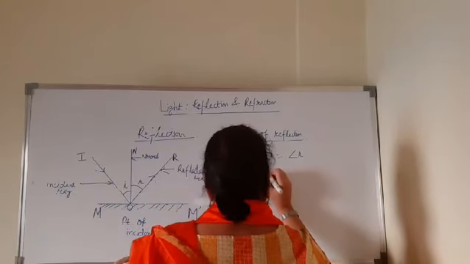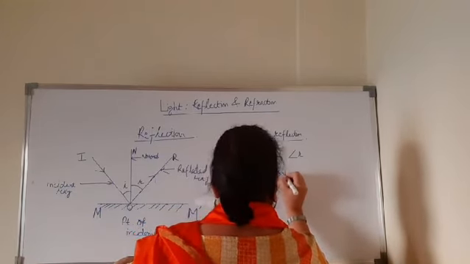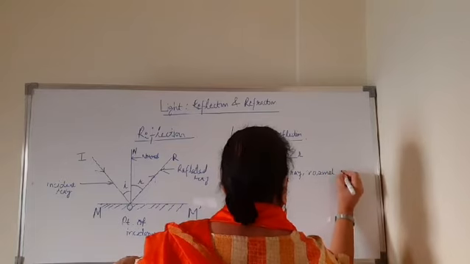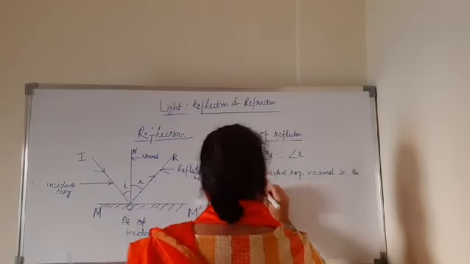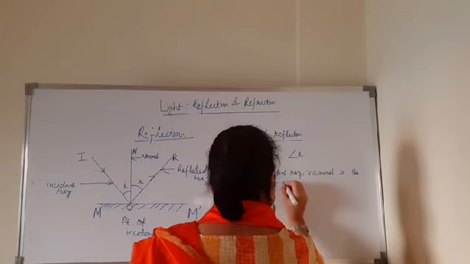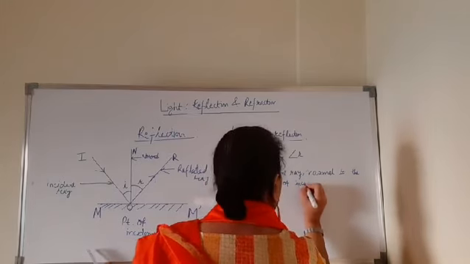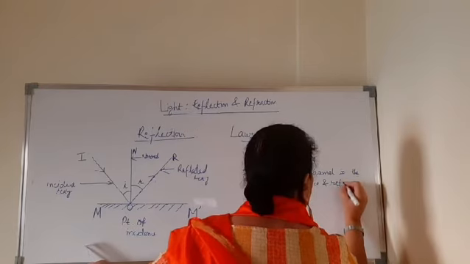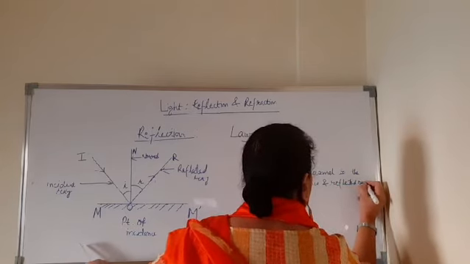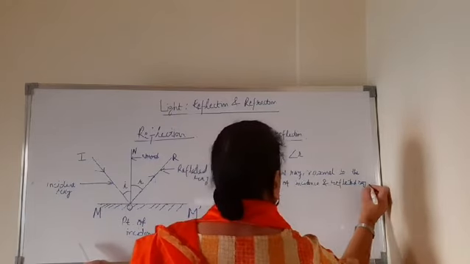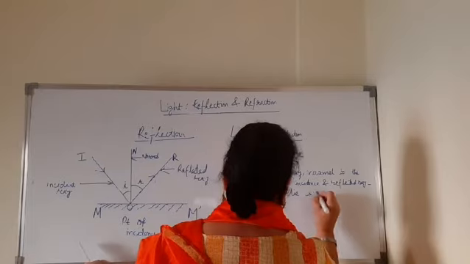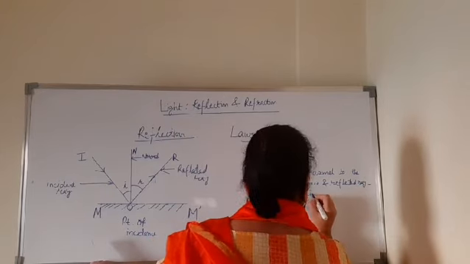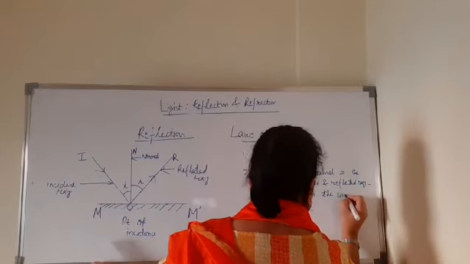The incident ray, normal to the point of incidence and reflected ray, they all lie in the same plane.